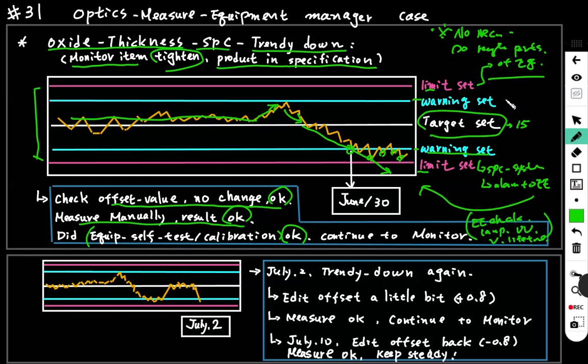Just let the equipment run steadily and keep watching. Don't do any action without thinking.